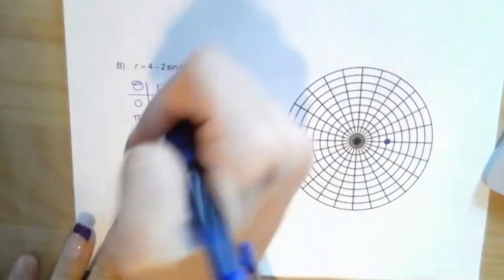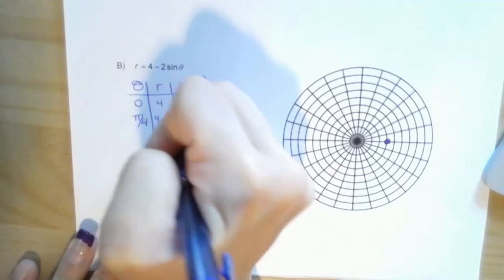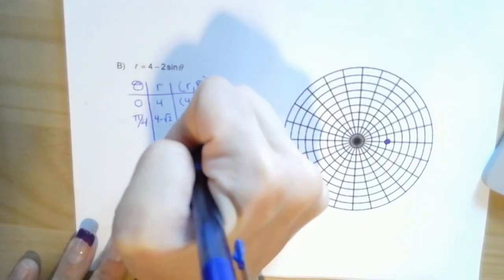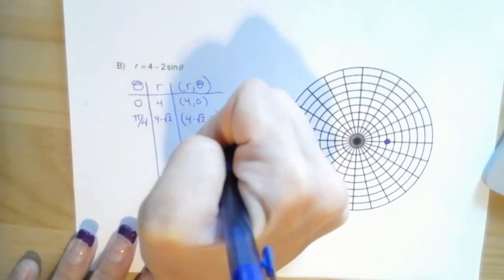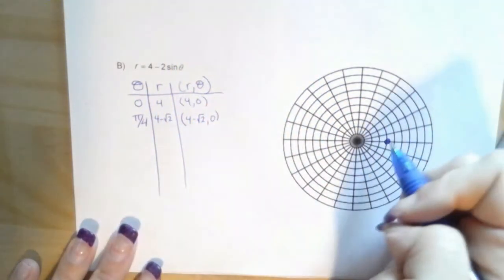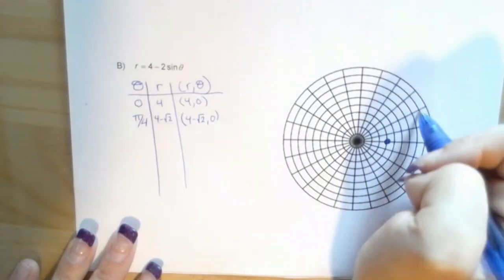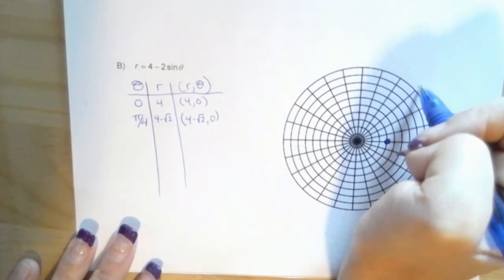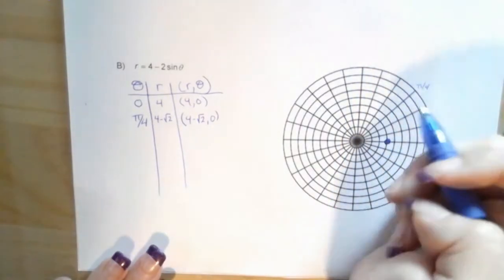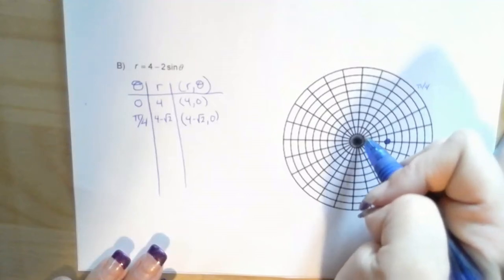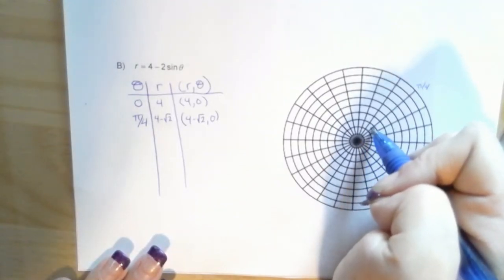So we end up with 4 minus square root of 2, comma pi over 4. Well, of course, that's a little bit more than 2. So I'm going to go over to my pi over 4. If you guys need, start labeling it so you know where it's at. And then I know I'm going 1, 2, and a little bit more than halfway.